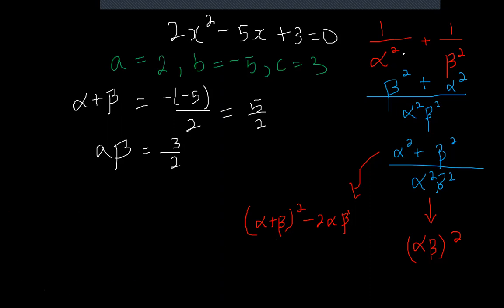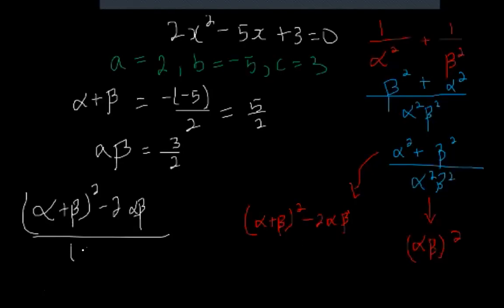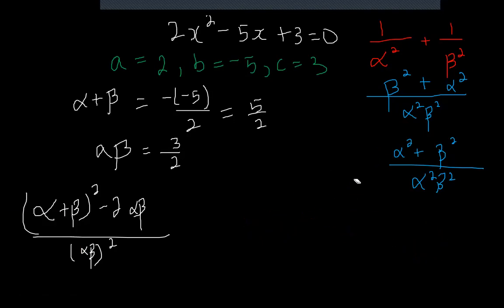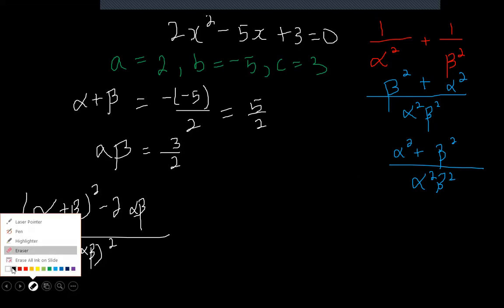So all this means, you can write it down if you want to: 1 over alpha squared plus 1 over beta squared is the same as alpha plus beta squared minus 2 alpha beta, divided by alpha beta squared. So what do I write?